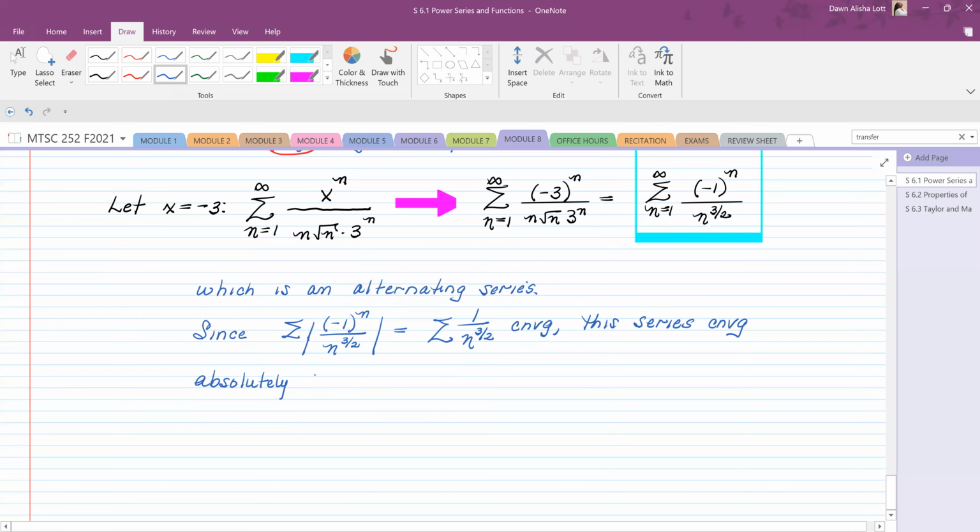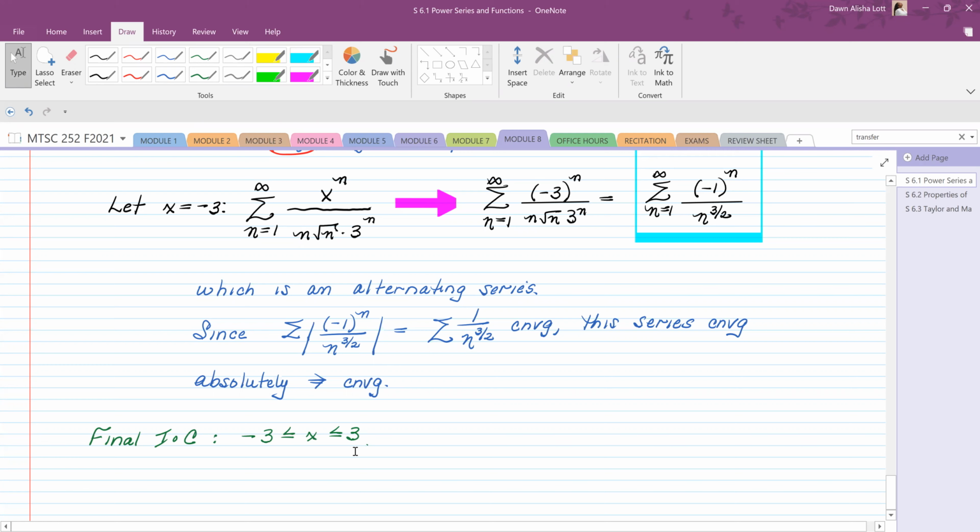And remember, converging absolutely implies converges. So now I can go back and update my final interval of convergence. I have to include -3 and +3 because the series does converge at those points.